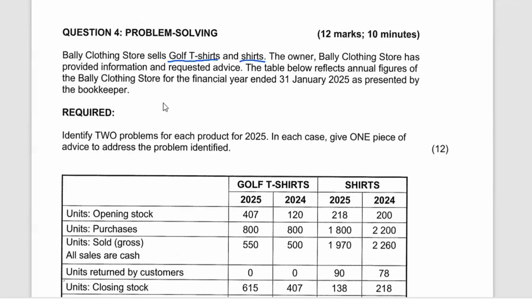The table below reflects annual figures of Bali Clothing Store for the financial year ended 31st January 2025, as presented by the bookkeeper. So we are required to identify 2 problems for each product for 2025. In each case, give 1 piece of advice to address the problem.